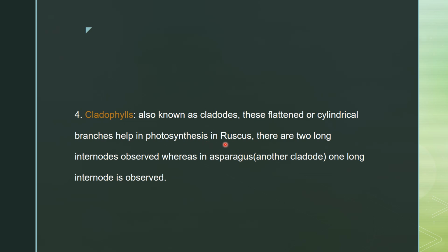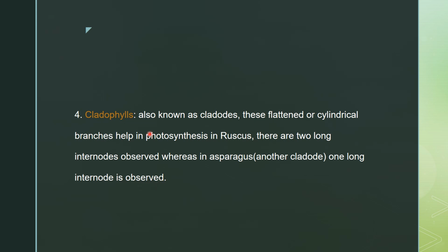We can find it in Ruscus because it has a green color, and it has leaf shape. Okay, there are two long internodes observed in Ruscus, whereas in asparagus one long internode is observed.